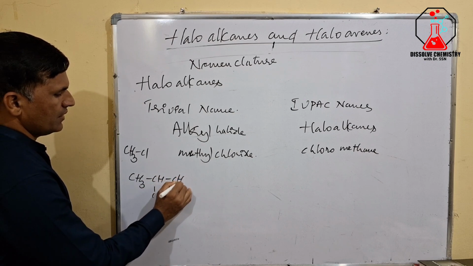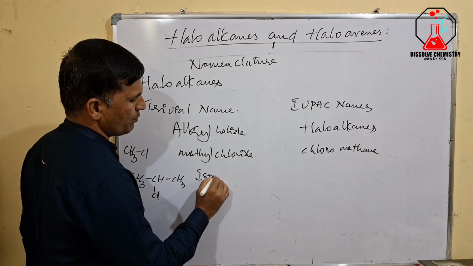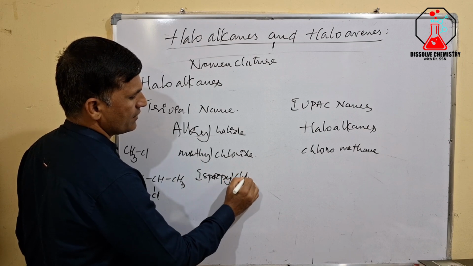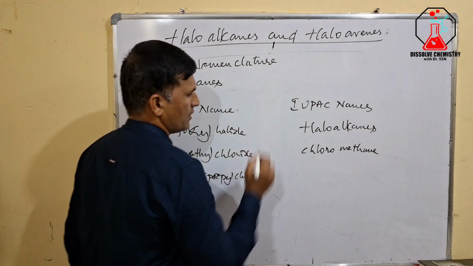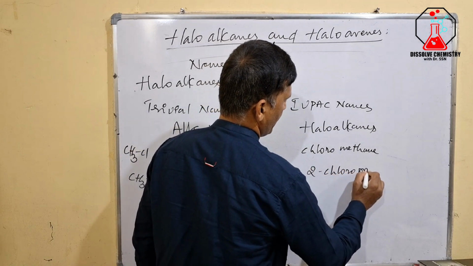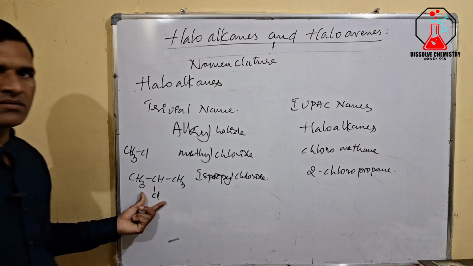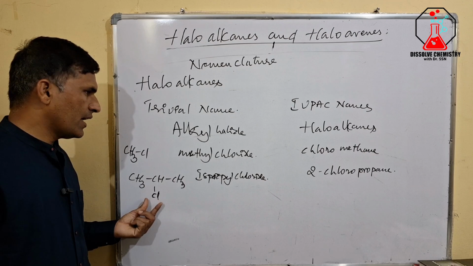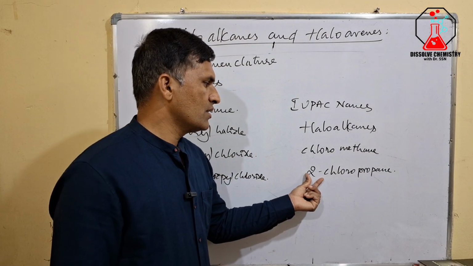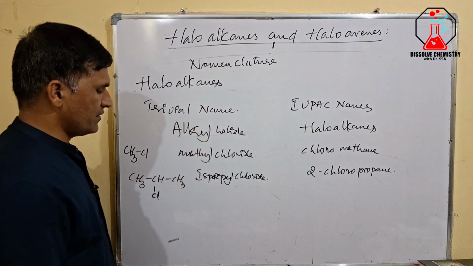And the next example you can take is CH3CHClCH3. We call it isopropyl chloride, and it is named 2-chloropropane. We have to assign the position to the halo group according to the rules, and then we should specify the number or the position. Then we have to name halo, followed by alkane in the IUPAC name.